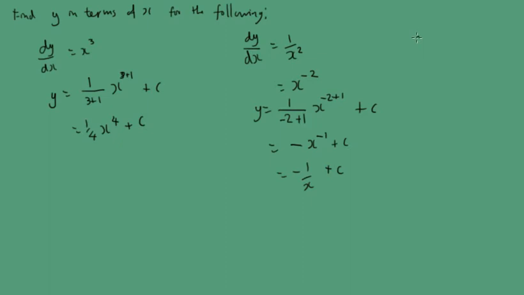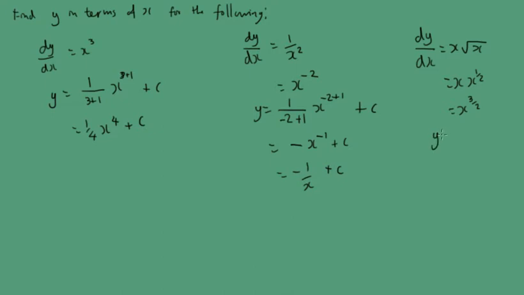And finally, dy by dx equal to x multiplied by the square root of x. Going by indices, that would be x to the half, and 1 add a half is going to be x to the power 3 over 2.